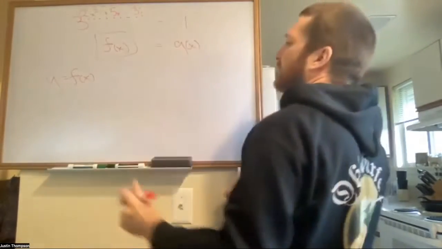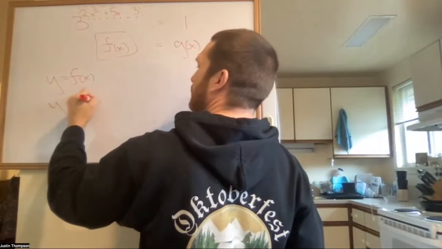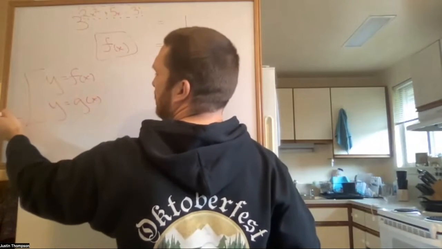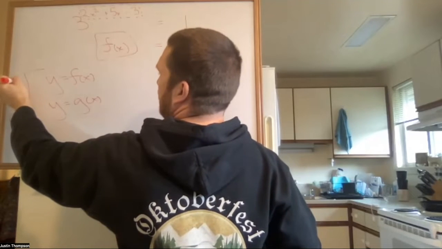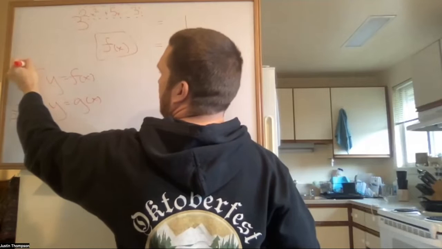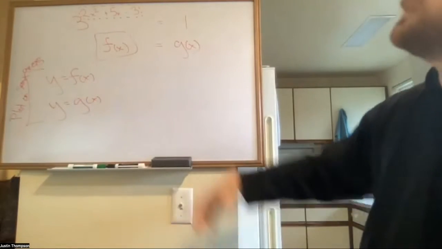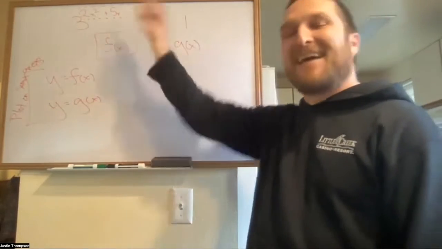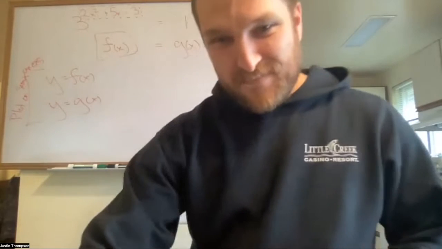And then I'll treat the other side like a function too, and plot y equals g of x. I'm going to plot them on the same axes. And then you say, I can't plot that, and neither can I. I don't know what it looks like.